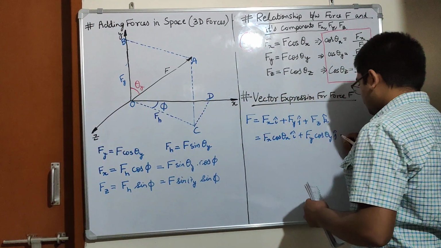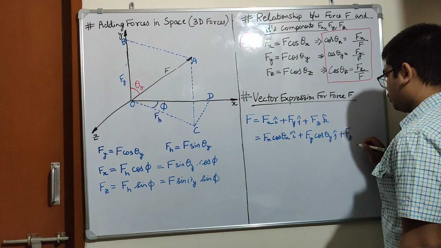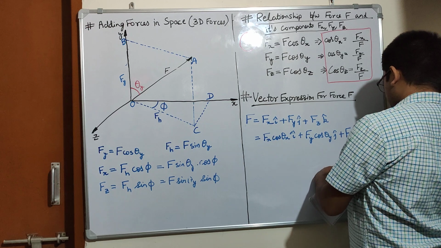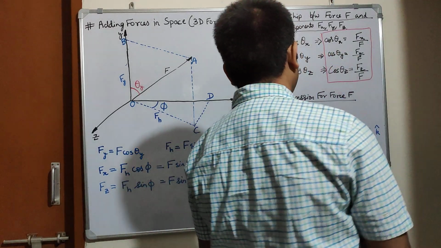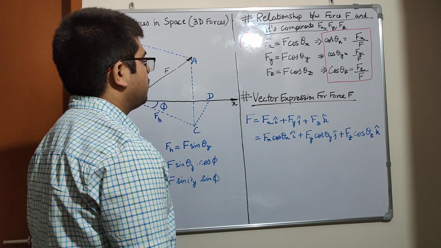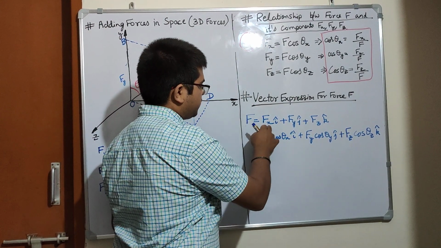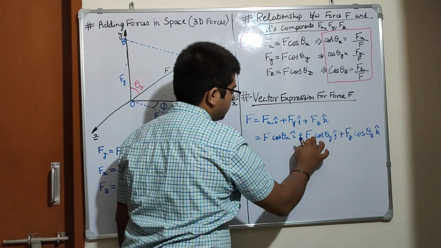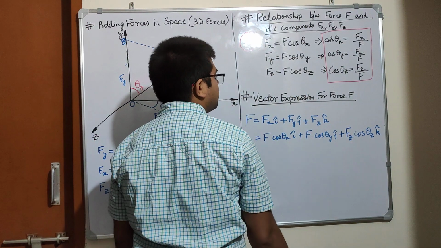And we have here F cos theta z k cap. Sorry, this x won't be here, because Fx is equal to F cos theta x, Fy is equal to F cos theta y, and Fz is equal to F cos theta z.